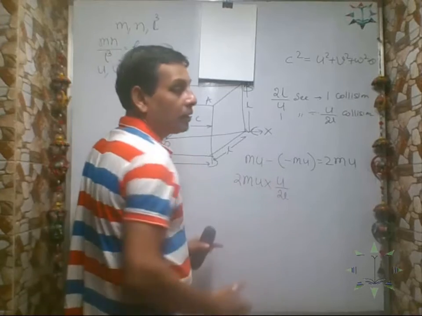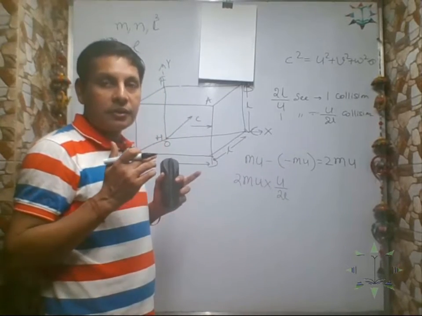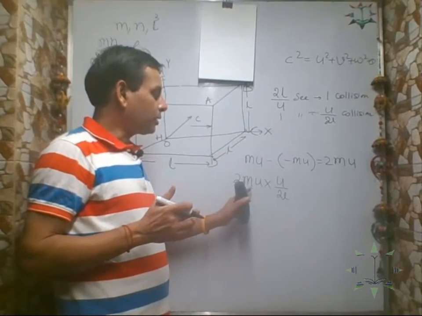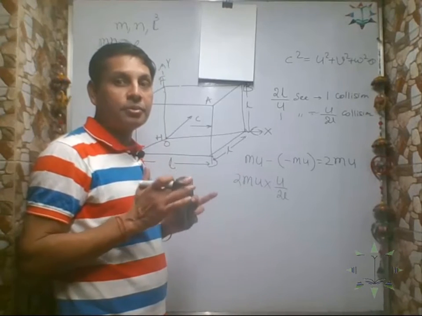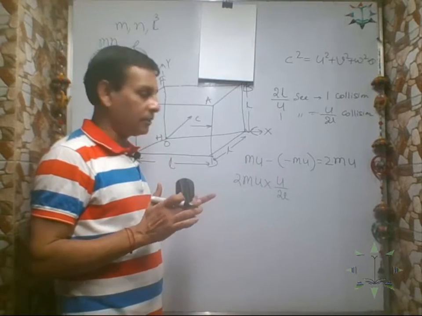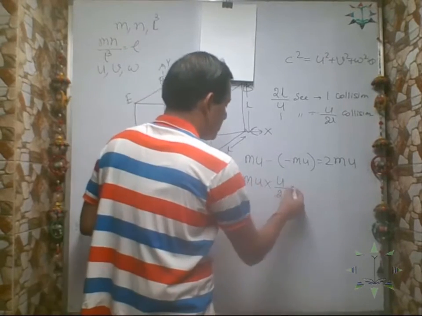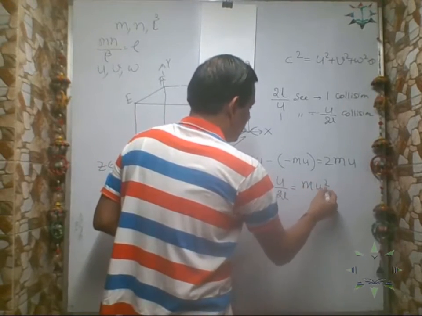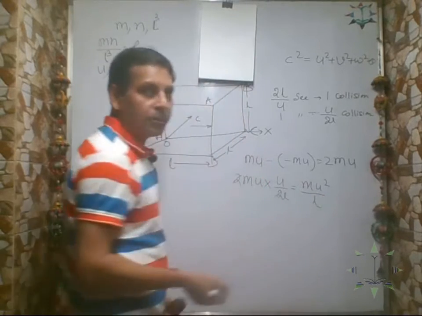This is the number of collisions into the change in momentum per collision. This is what? The rate of change of momentum. How much will the momentum change in 1 second? Correct? So this is mu square by L, the rate of change of momentum.